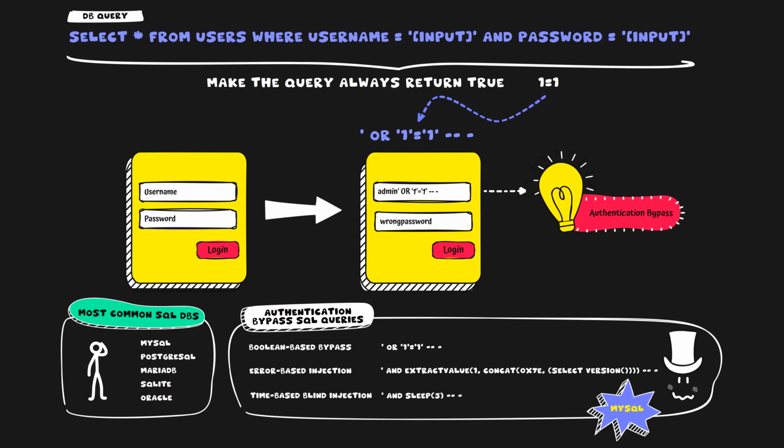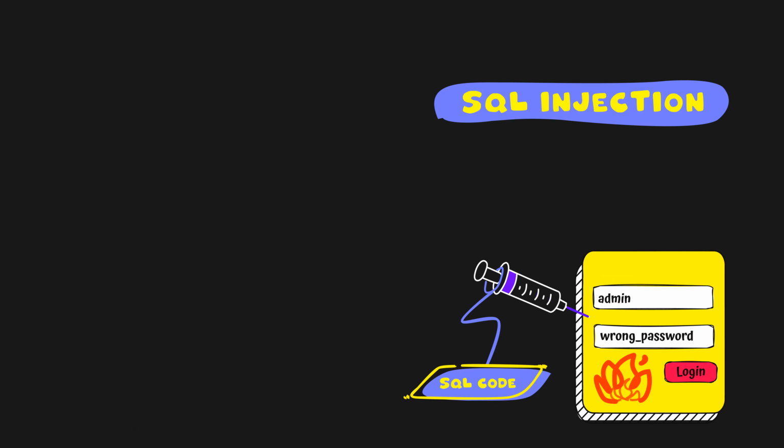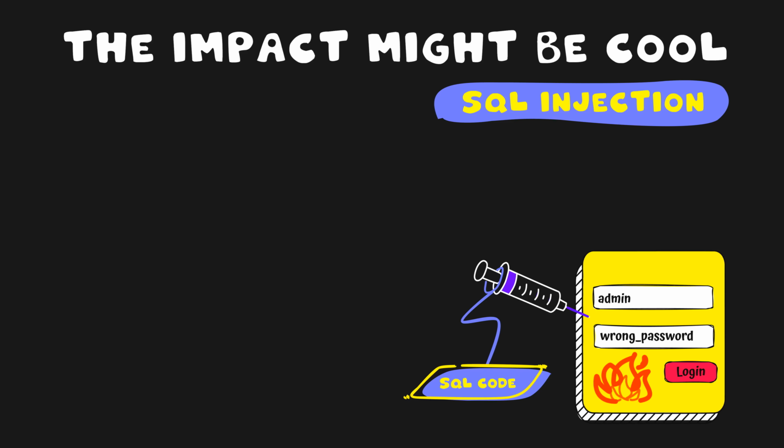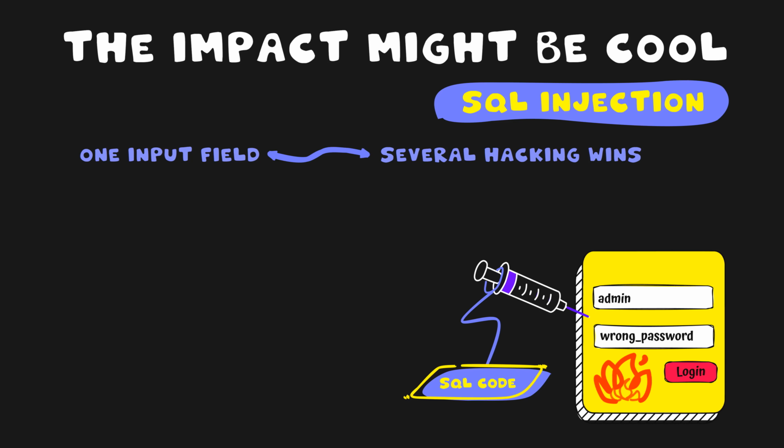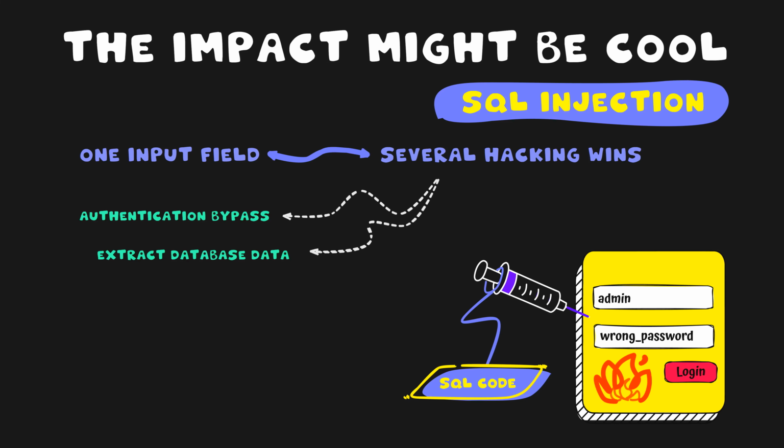Here's the part most beginners miss. Authentication bypass is just the entry point. Once a login form is vulnerable to SQL injection, an attacker isn't limited to just logging in. The same injection point can often be used to extract entire tables from the database: usernames, password hashes, email addresses, personal records.